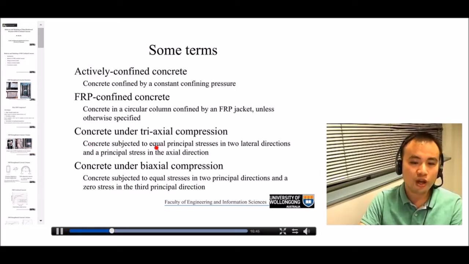It refers to concrete subjected to equal principal stresses in two lateral directions and a principal stress in the axial direction. The last term is concrete under biaxial compression, and this refers to concrete subjected to equal stresses in two principal directions and zero stress in the third principal direction. Let's keep this in mind.